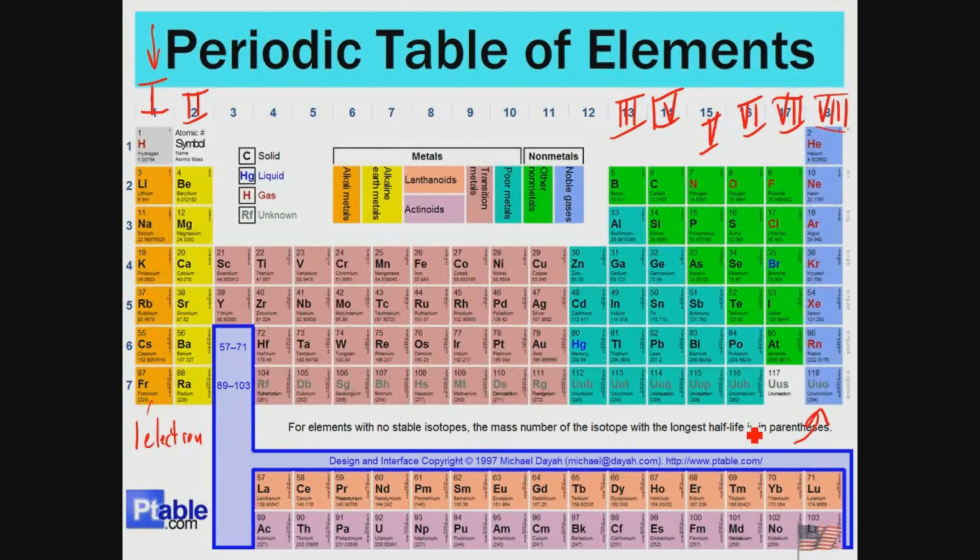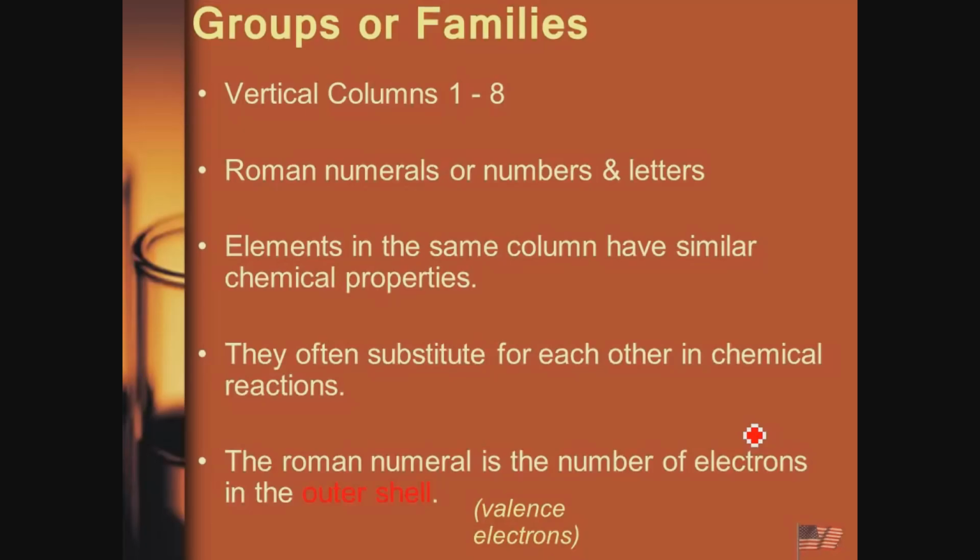Do you have a question? You said the rows determine how many shells they have filled? How many shells can be filled is determined by the rows. The number of valence electrons is determined by the columns. Interestingly enough, because they have the same number of valence electrons, they have the same chemical properties, and they can often substitute for each other.